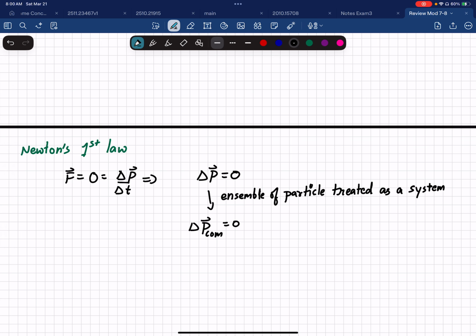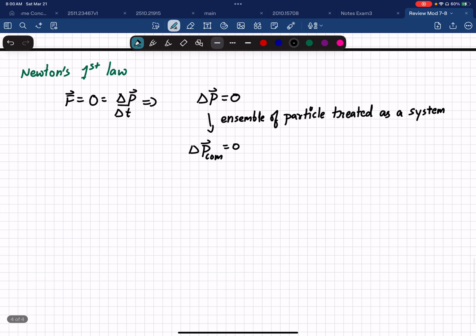Now, invoking our initial velocity expression, our velocity expression for the center of mass was, I'm going for the vectorial form because you can just add up the x and the y.